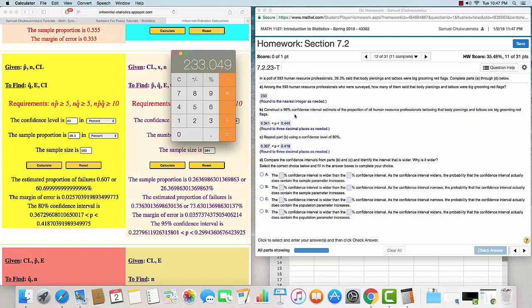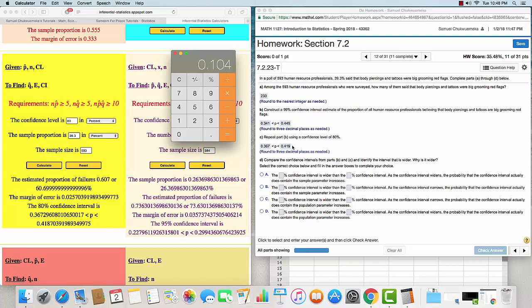So the width of that interval is 0.445 minus 0.341. That gives us 0.104. So you can kind of write it down. Okay.